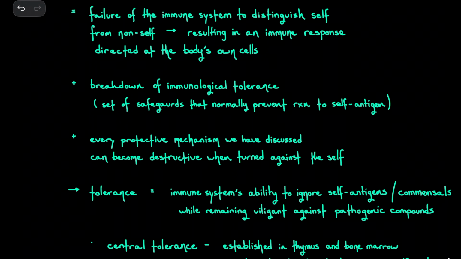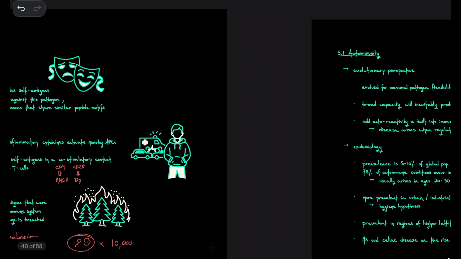But if my body thinks my entire eye is a problem, that's 10,000 times bigger than a little unicellular bacteria, right? So the immune system says, oh, that's a huge problem. We need to get rid of that ASAP. So that's another case of autoimmunity, just that spread of a self-antigen that we didn't really know existed from an immune perspective.